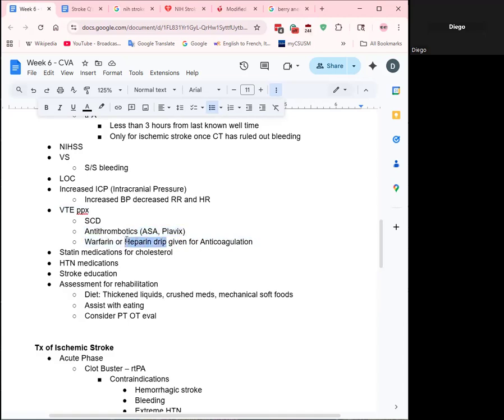So we know heparin for the subcute, but when it's given continuously as a drip, it's there to prevent the size of any clots if it's an embolic stroke, or just to prevent more coagulation happening.